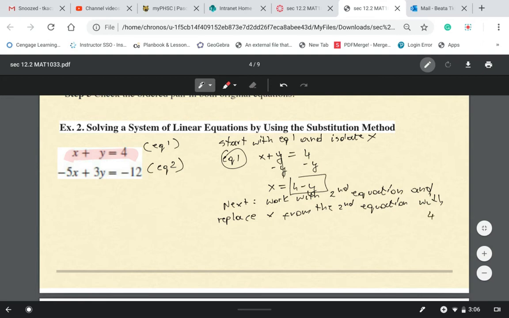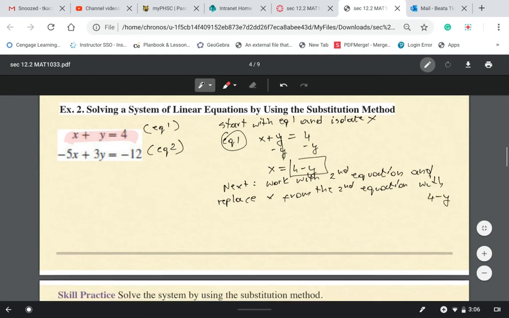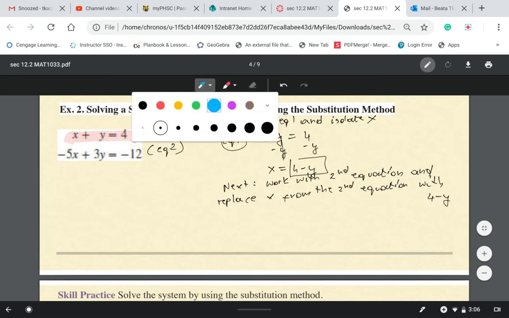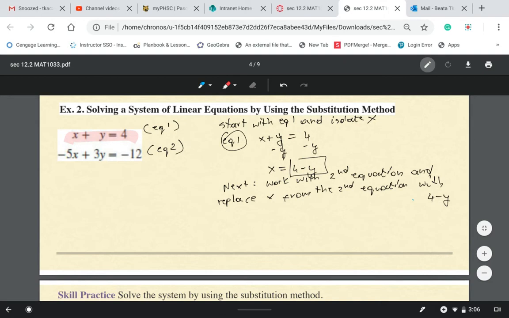Okay, so what we're going to do, we're going to take that x, which is equal 4 minus y, and we're going to plug it in right here. So we're going to work with the second equation and replace x with 4 minus y.